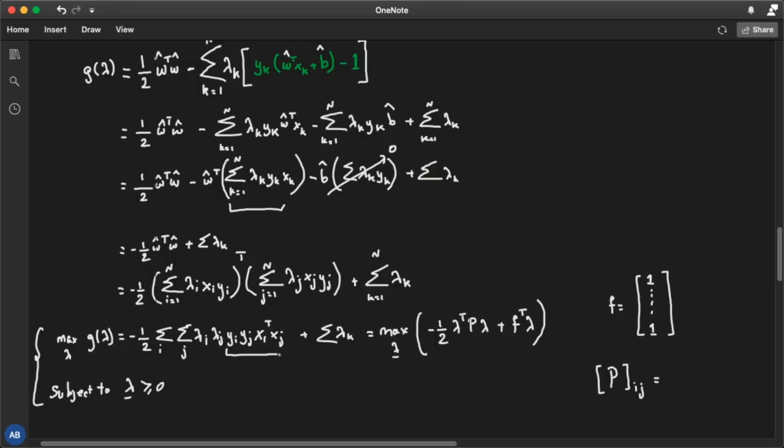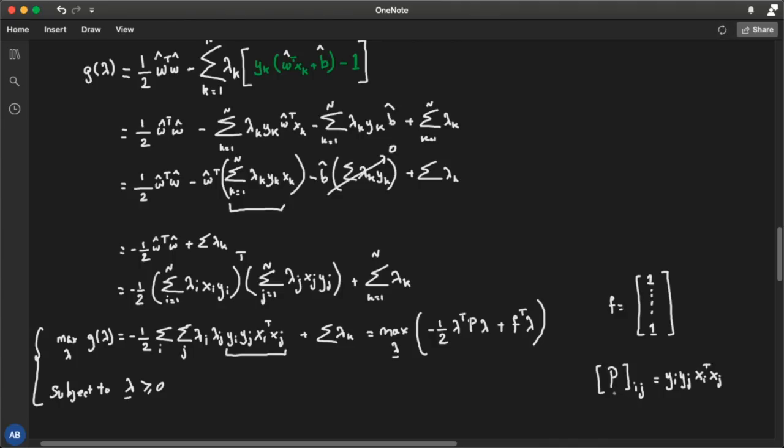So it's yi yj, multiplied by xi transpose xj. Correct?